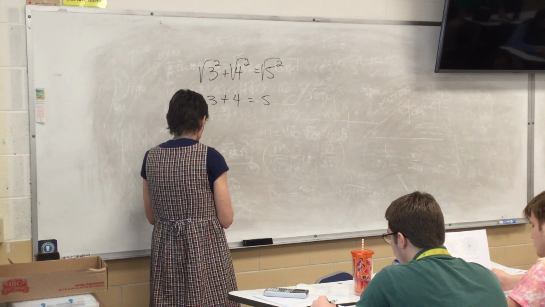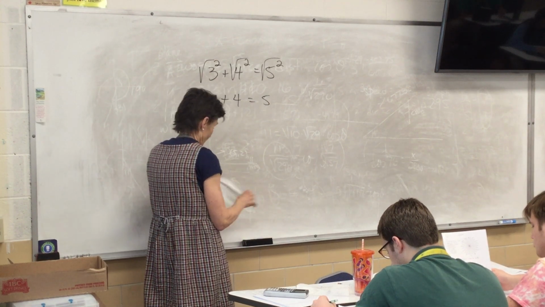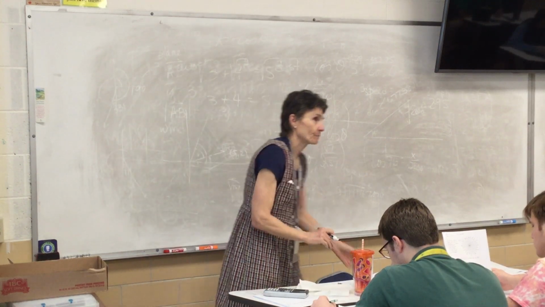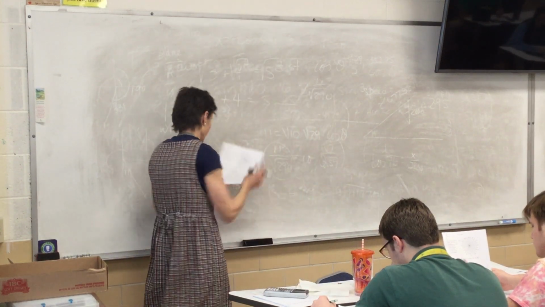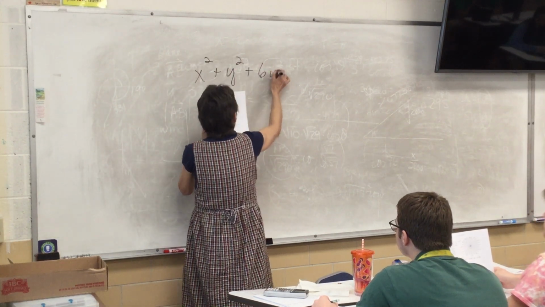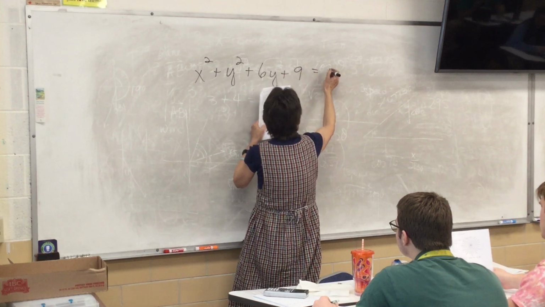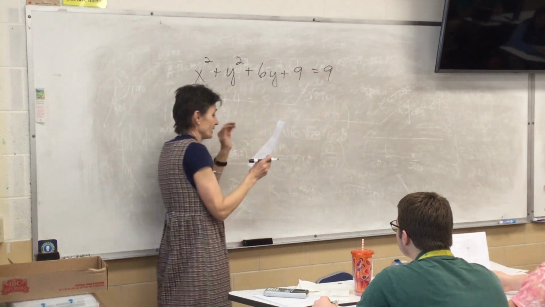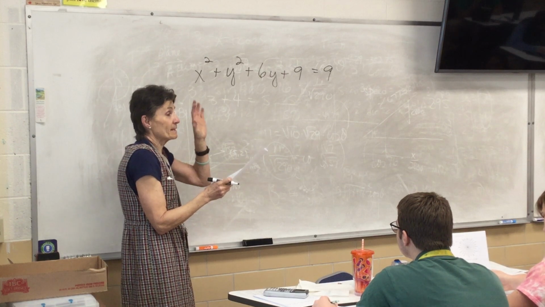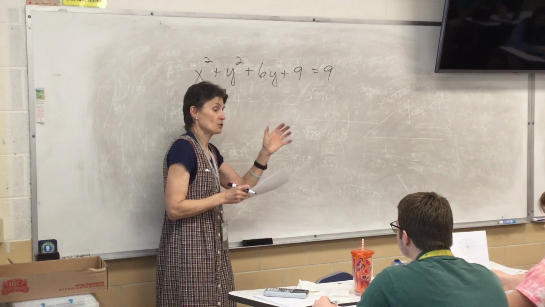What might I do? What's another thought? David? FOIL the y plus 3, still get the x squared plus y squared equals... Yeah. That's what I like to do. I like to FOIL it, because I'm going to do some substitution here in a minute.